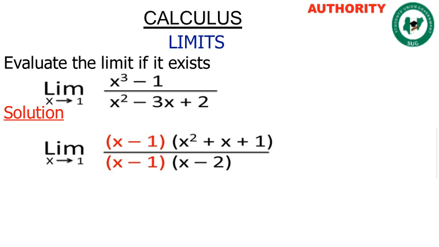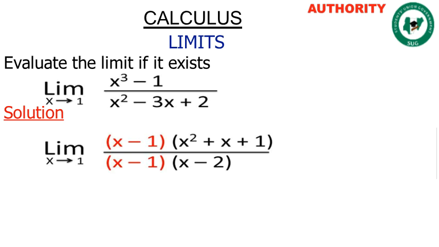So I want you to factorize this or solve this quadratic equation. At the end of your solving, we're going to arrive at (x minus 1)(x minus 2). So that means we have the limit as x approaches 1, (x minus 1)(x squared plus x plus 1) all over (x minus 1)(x minus 2).